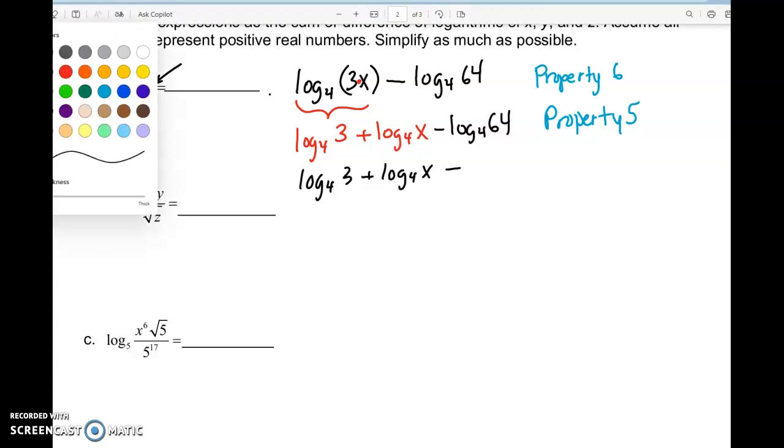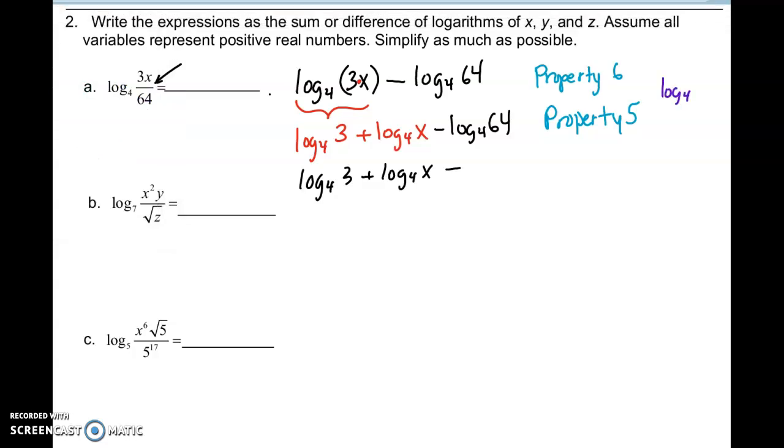So let's take it over to the side. If I have the log base 4 of 64, I'm just going to give it a letter, let's say z. Rewrite it in exponential form. 4 to the z power is equal to 64. So I have to think, what is the exponent that's missing here?